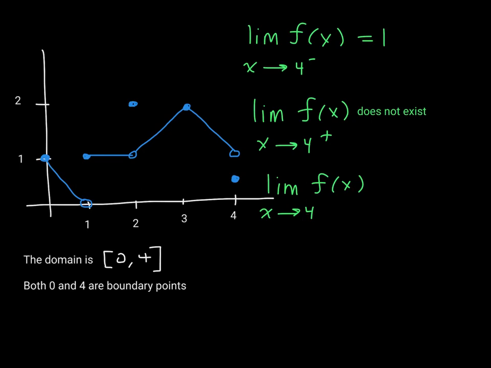And it does. This one-sided limit exists as x approaches 4 from the left. Therefore, the limit of our function as x approaches 4, that boundary point, that endpoint, is equal to 1. All right. Very good.